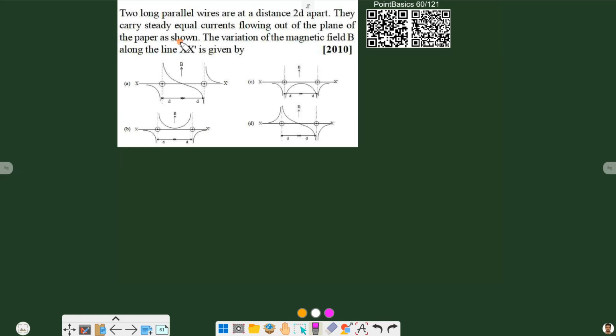Now, as they are carrying equal current, and that current is flowing out of the plane of the paper, suppose this is first wire and this is second wire, and their current is coming out of the screen, then using right hand screw rule we can find out the direction of the magnetic field.